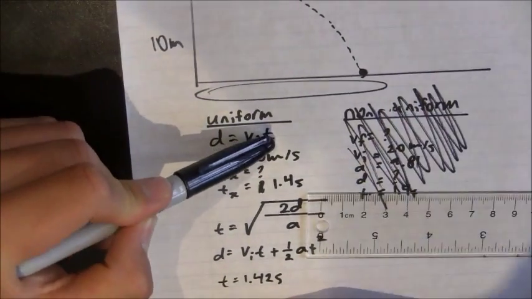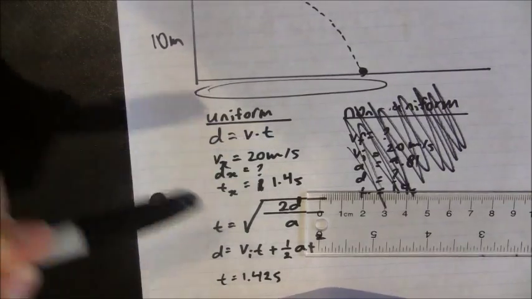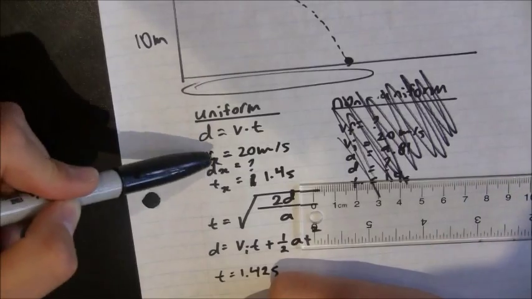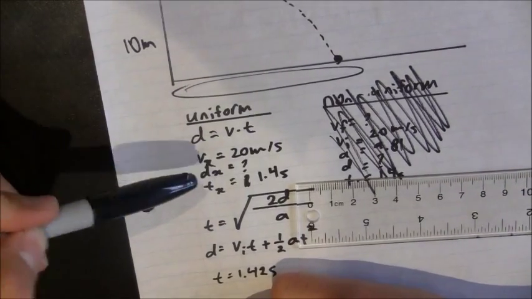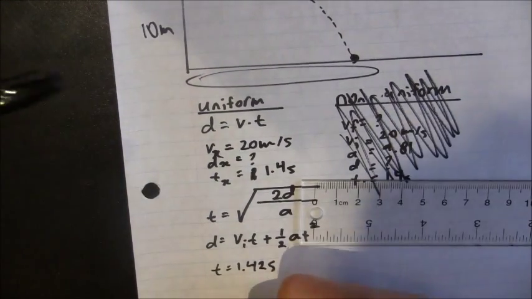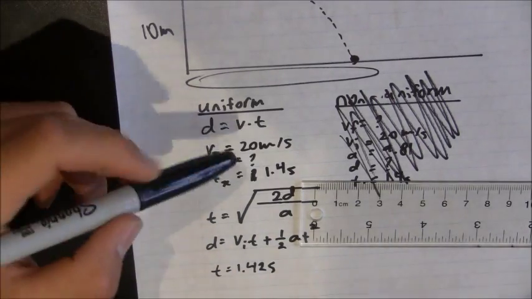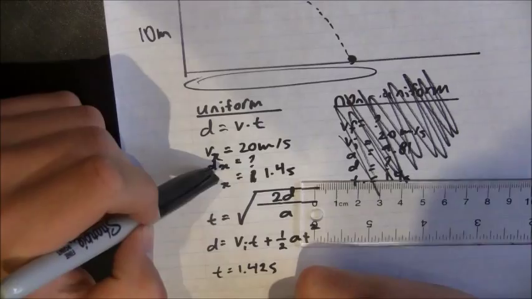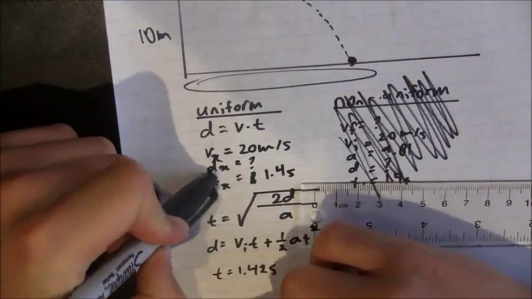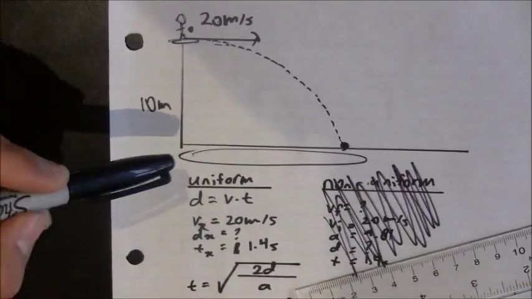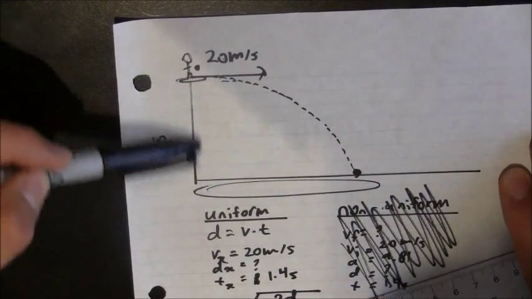We don't know time, which we can find, and distance is what we're looking for. So Vx, like the x and y components, Vi is 20 meters per second. Dx, we don't know. That's what we're looking for. Tx, how long will it take for this to hit the ground?